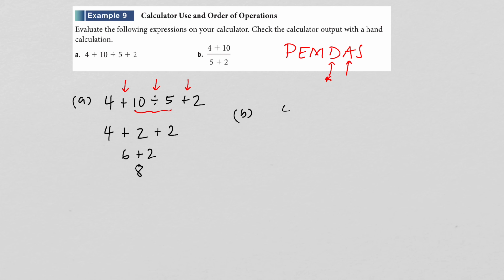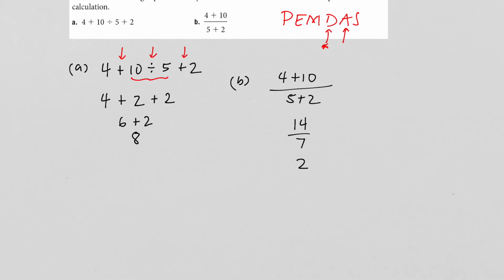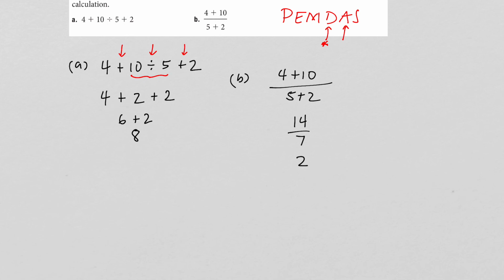In the next one, we have 4 plus 10 over 5 plus 2. And as we mentioned on the previous page, you need to do the top first and then the bottom second. So 4 plus 10 is 14, 5 plus 2 is 7, and then 14 divided by 7 is 2. Now, what will happen on a calculator if you try to do this?